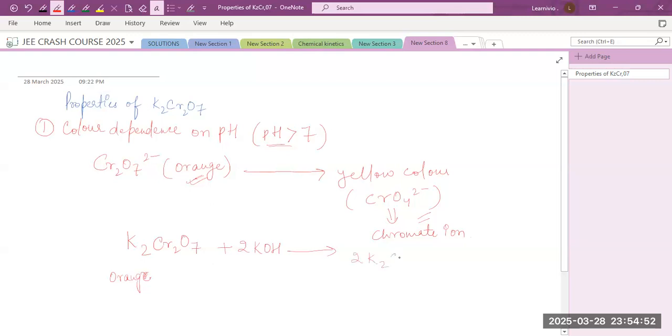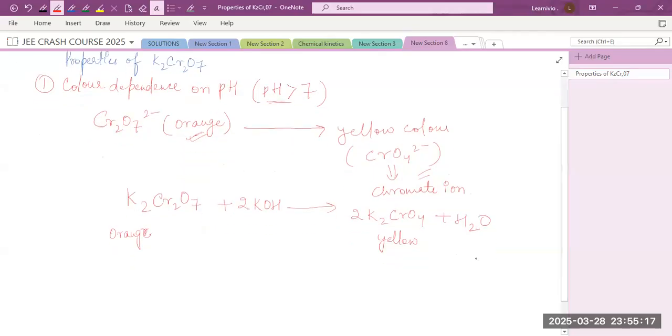It will form K2CrO4, which is a yellow color, and water will be liberated. So when you increase the pH, in alkaline medium, the color changes from orange to yellow, which shows the color dependence on pH.